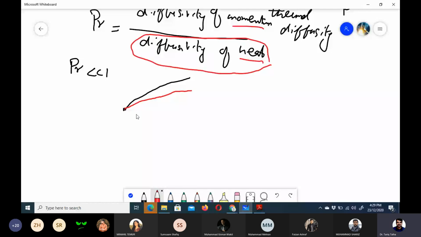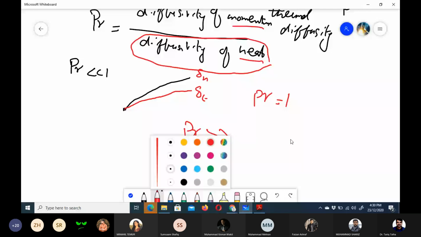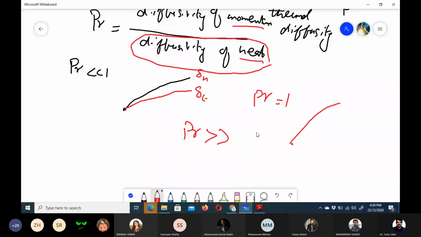It means that the boundary layer thickness would be achieved very rapidly, so it would be delta T and delta H. If the Prandtl number is equal to 1, these two overlap, and when the Prandtl number is more than 1, our boundary layer thickness would be something like this: delta H and delta T. Delta H means the hydrodynamic boundary layer, and delta T means the thermal boundary layer.